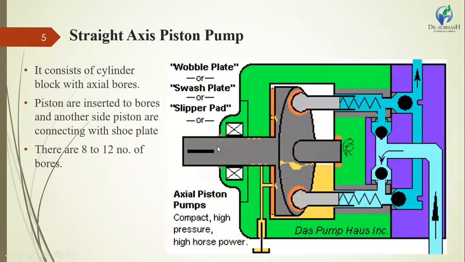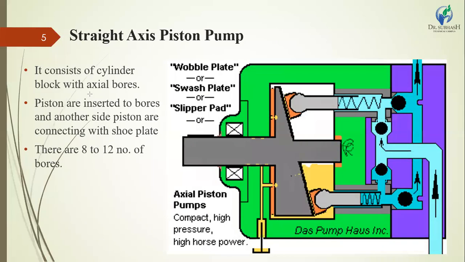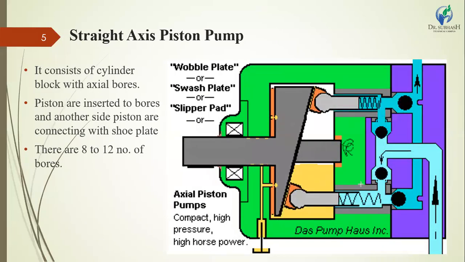At the other end, the piston is connected to a shoe. Here, this piston is connected to a shoe and plate with a shoe joint. Here is a plate which is directly connected to the piston.